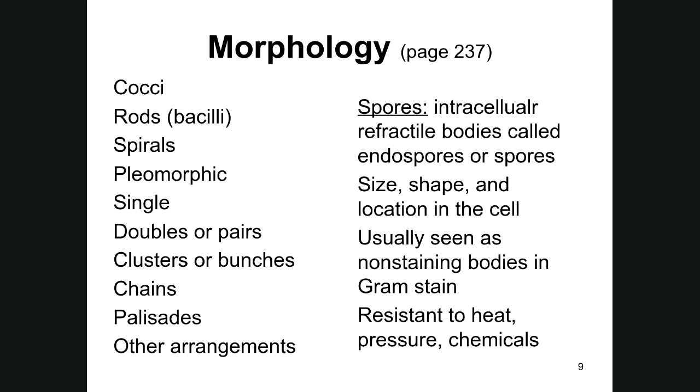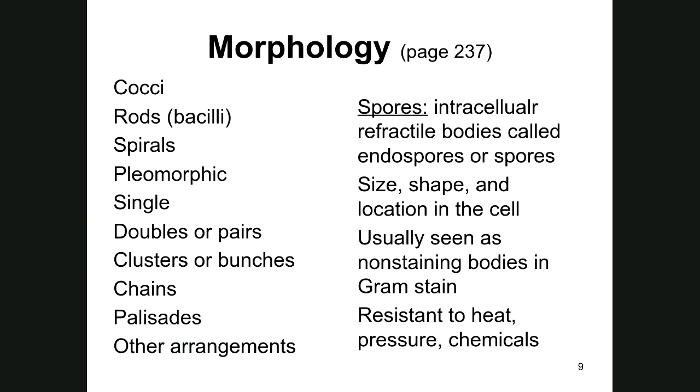We also have some that are called palisades, and if you've ever seen palisades on a rock formation, they kind of form together, and we have some bacteria that take those formations and other arrangements.